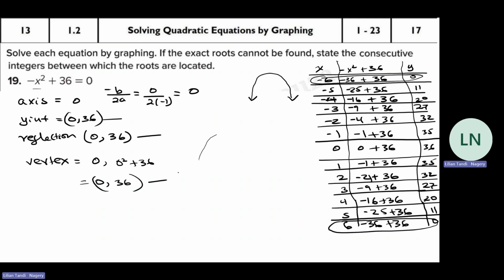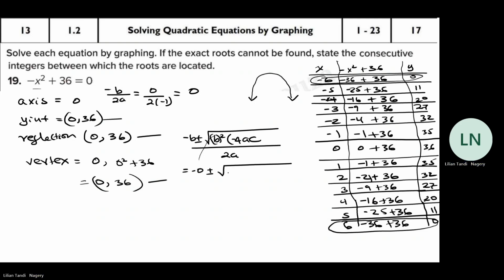You can also do the quadratic formula, negative b plus or minus the square root of b squared minus 4ac over 2a, which will give you negative 0 plus or minus the square root of 0 squared minus 4 times negative 1 times 36, over 2 times negative 1.